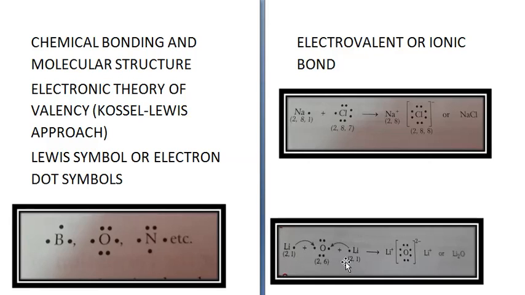The octet is still not complete, so the other lithium atom also gives its electron. Now Li plus has 2, oxygen has 8, and here also Li plus has 2. So all have their complete octet, the nearest noble gas structure. So this is Li2O. Let us see a few more examples.